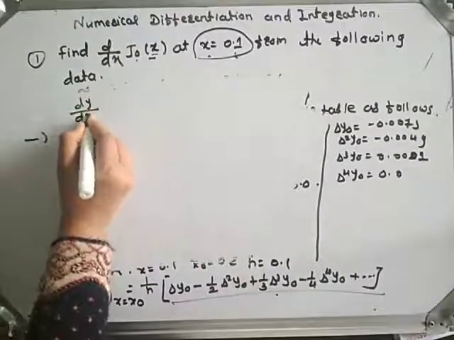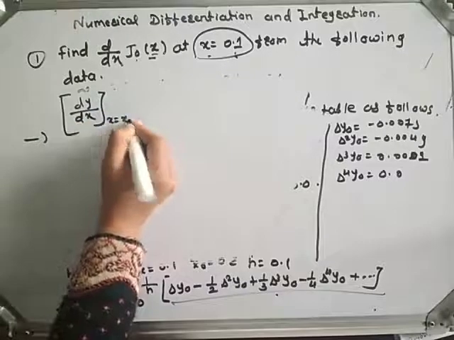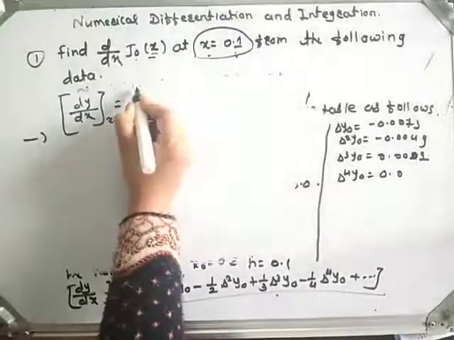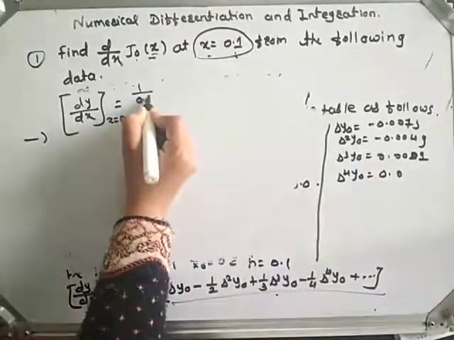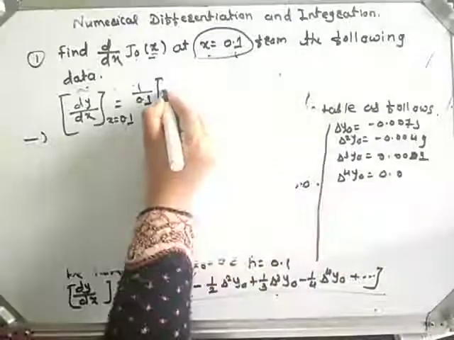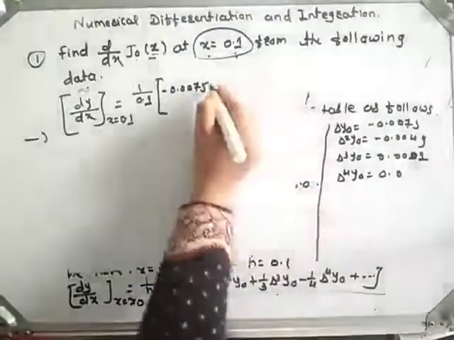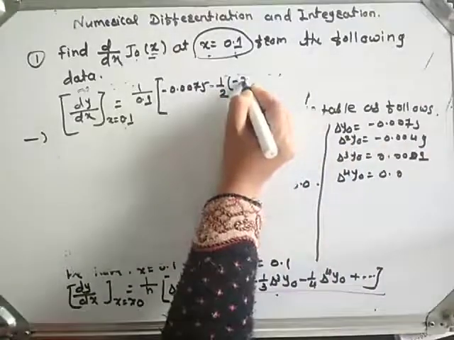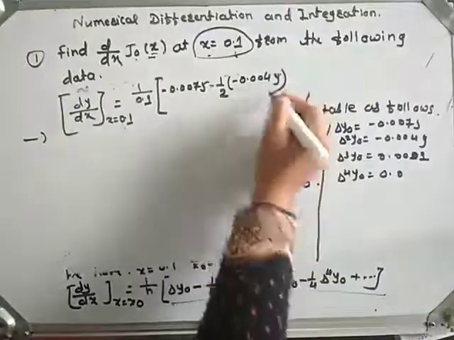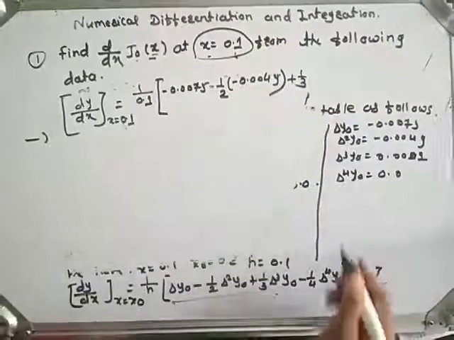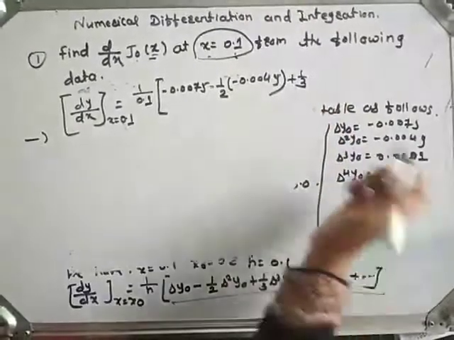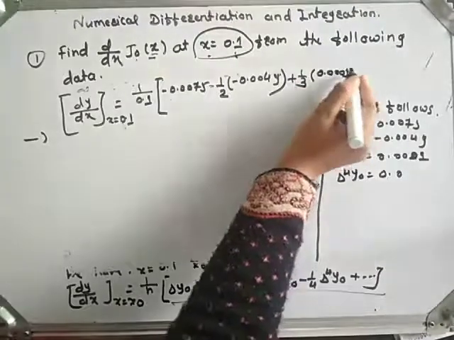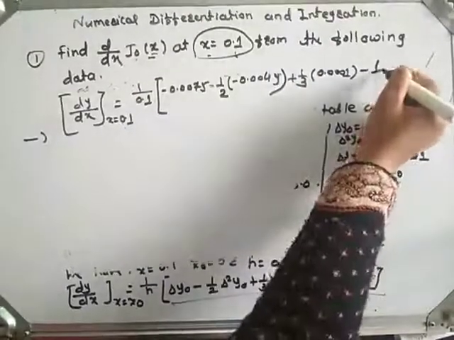Therefore, dy by dx at x equals x0. Here your x0 is 0.1, which equals 1 by h, here h is 0.1, in brackets delta y0 is minus 0.0075 minus 1 by 2 into delta square y0, which is minus 0.0049, plus 1 by 3 into delta cube y0, which is 0.001, minus 1 by 4 into 0.